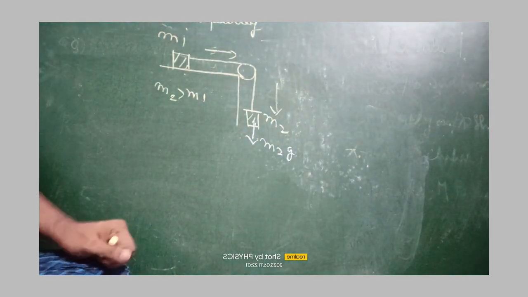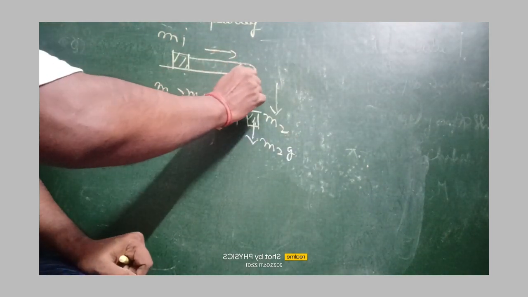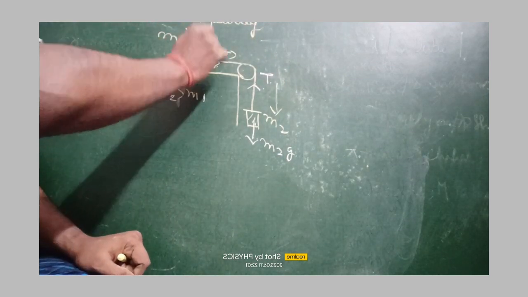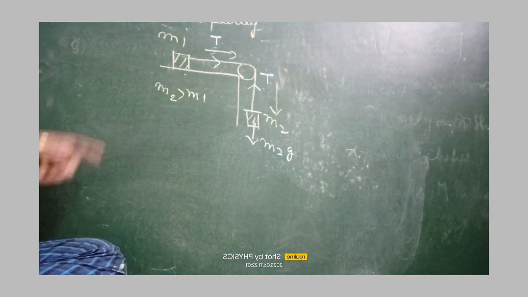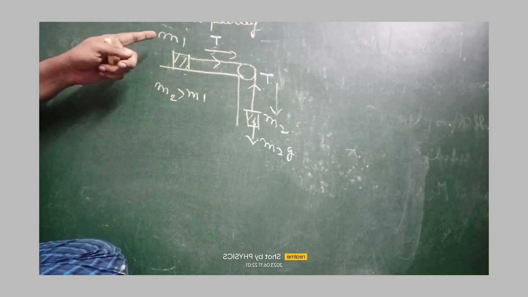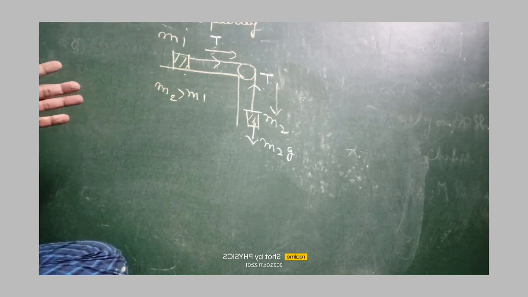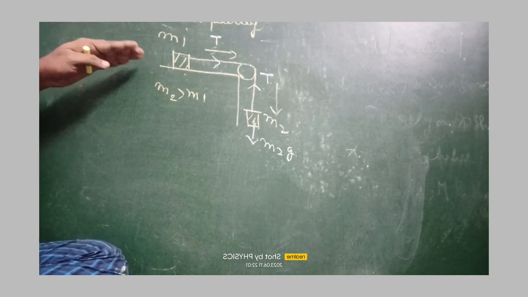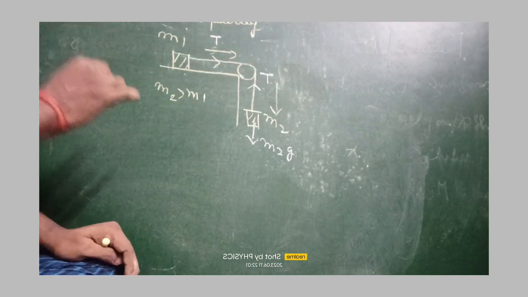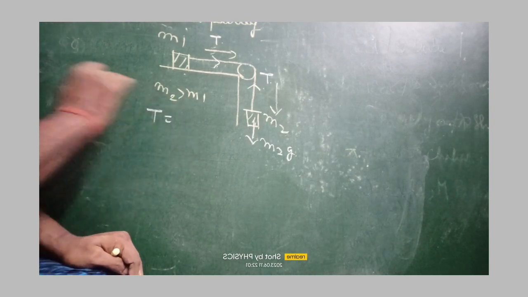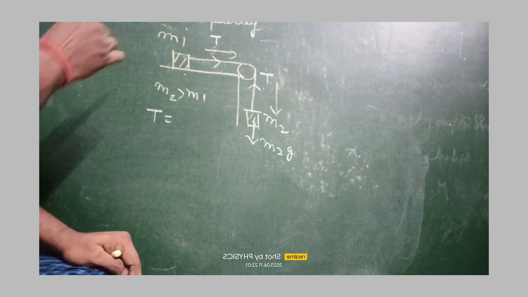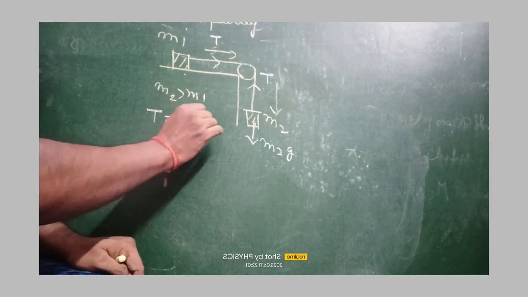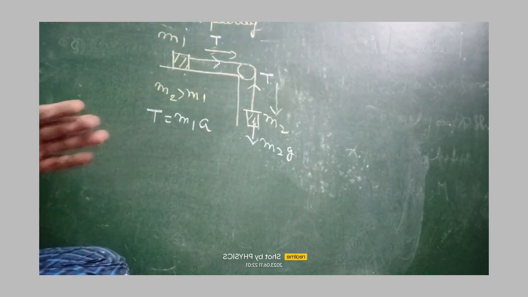Now this is M2G and the tension in the upward direction T, and here the tension in that direction T. Now for the first block M1, here no weight should be considered because it is kept on the horizontal table. So here only T is equal to M1 into acceleration of the thread or the bodies.